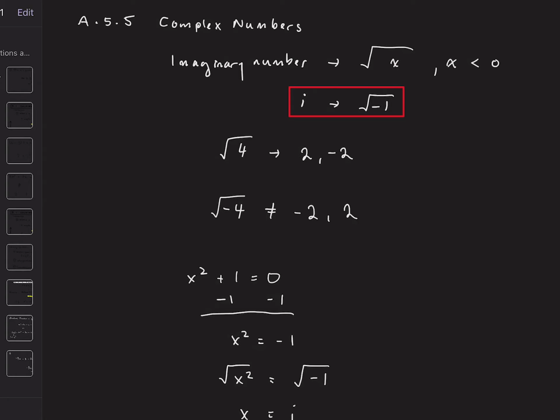So that is why we have the value of i to act as a placeholder so that we can actually solve when there's a negative square root. Again, i is an imaginary value, so technically this does not exist in the real physical world, but it is still an important thing to discuss.